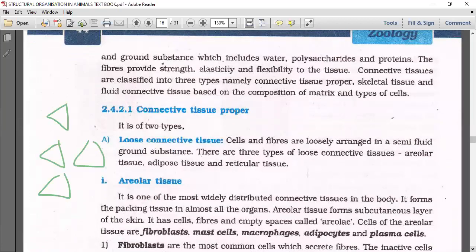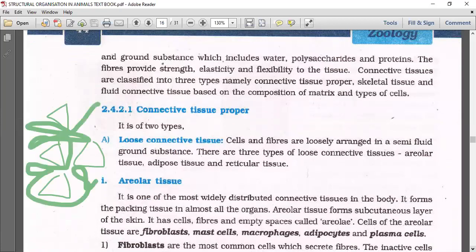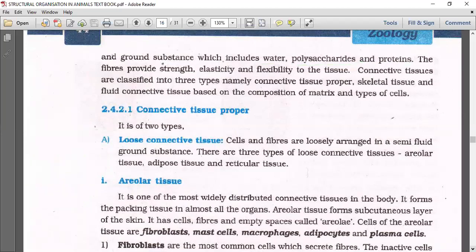The ground substance includes water, polysaccharides, and proteins.